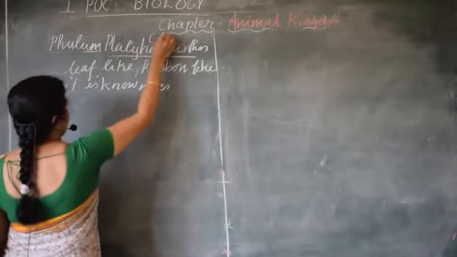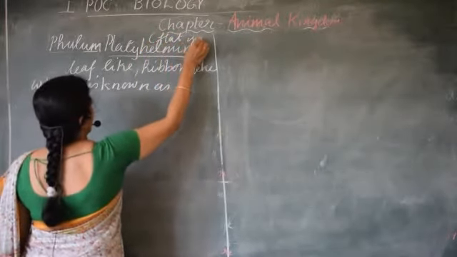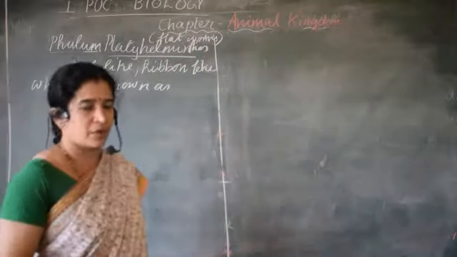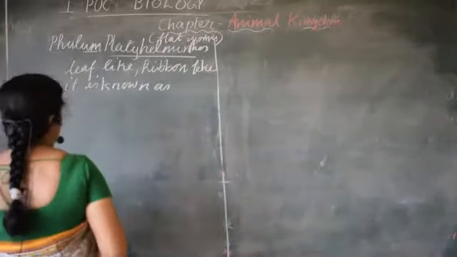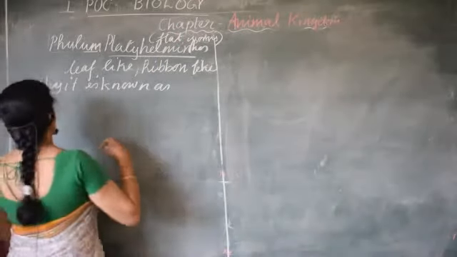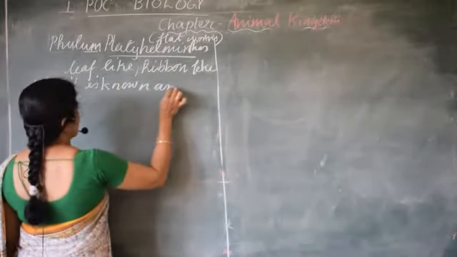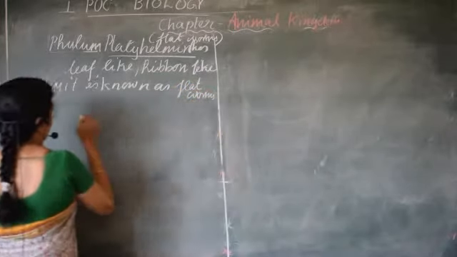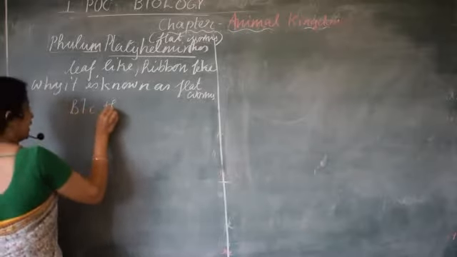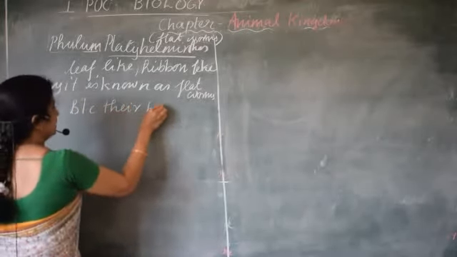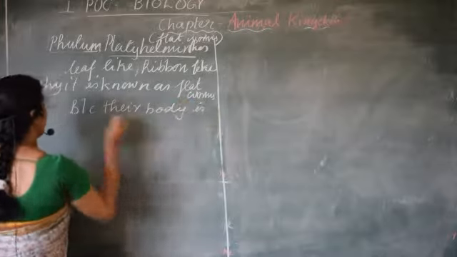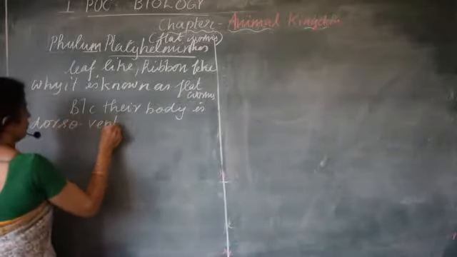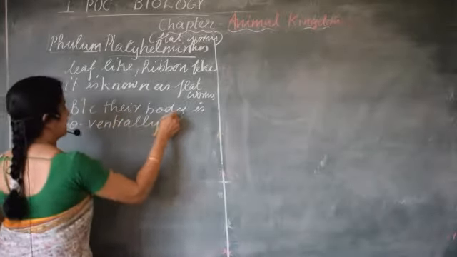Just mention for every phylum, in bracket you write the other name also. Use another color, better. Flatworms, comb jellies, sea walnuts, sponges. Here it is flatworms. Why is it known as flatworms? Because their body is dorso-ventrally flattened.